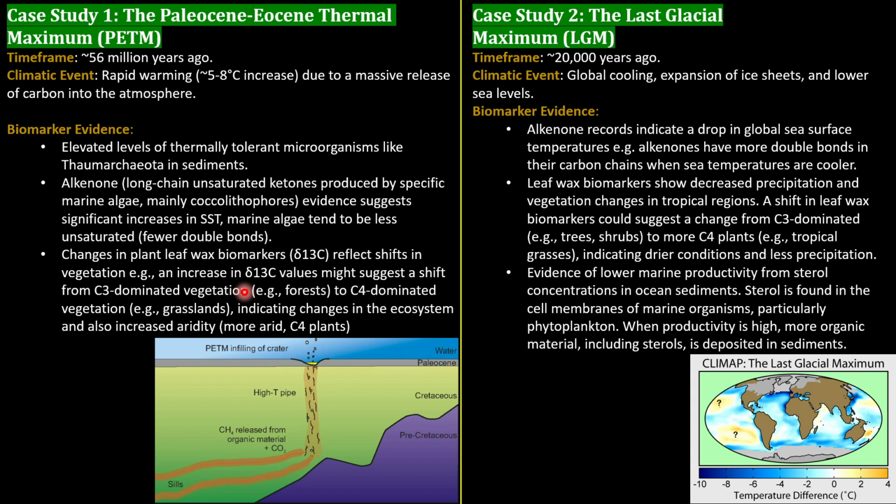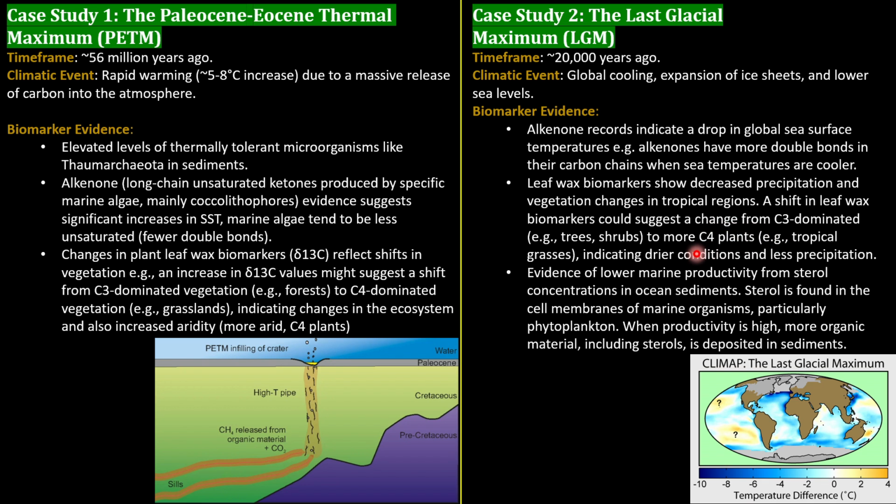If the temperature is really high, evaporation will be high, so the C4 plants will be high. In contrast, alkenone double bonds will be mostly present in a cool environment.